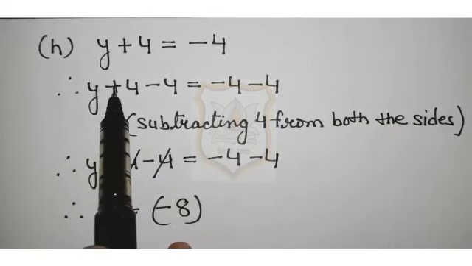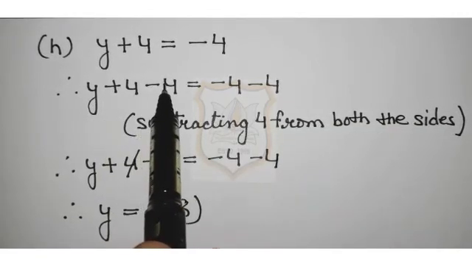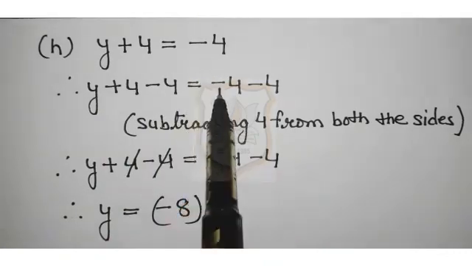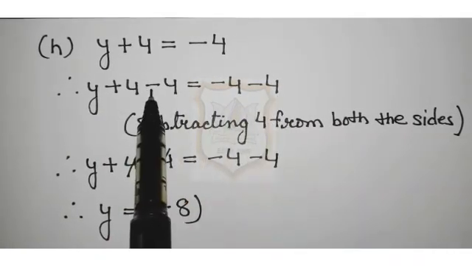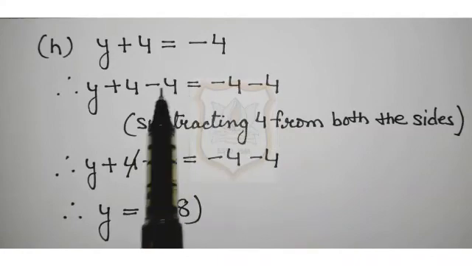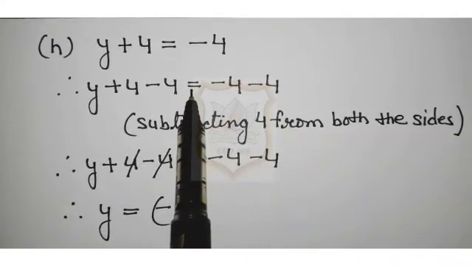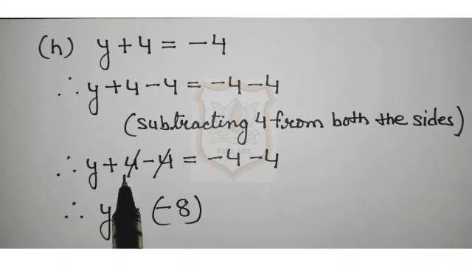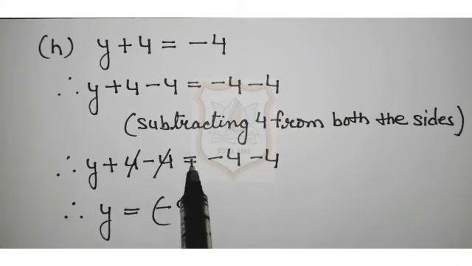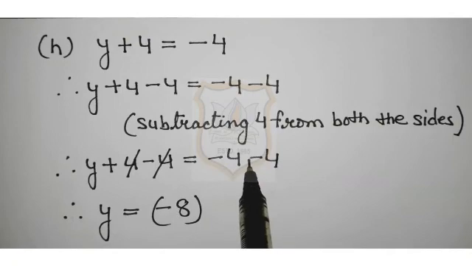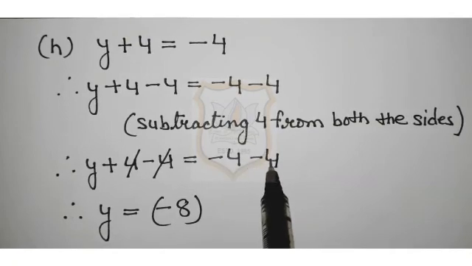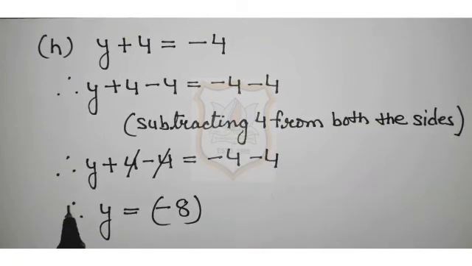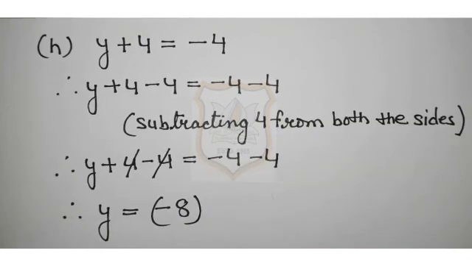So, therefore, y plus 4 minus 4 is equal to minus 4 minus 4, because we have to subtract 4 on both sides of the equal sign. So, therefore, y plus 4 and minus 4 cancel out, is equal to minus 4 minus 4, which is minus 8. Therefore, the value of y is equal to minus 8.